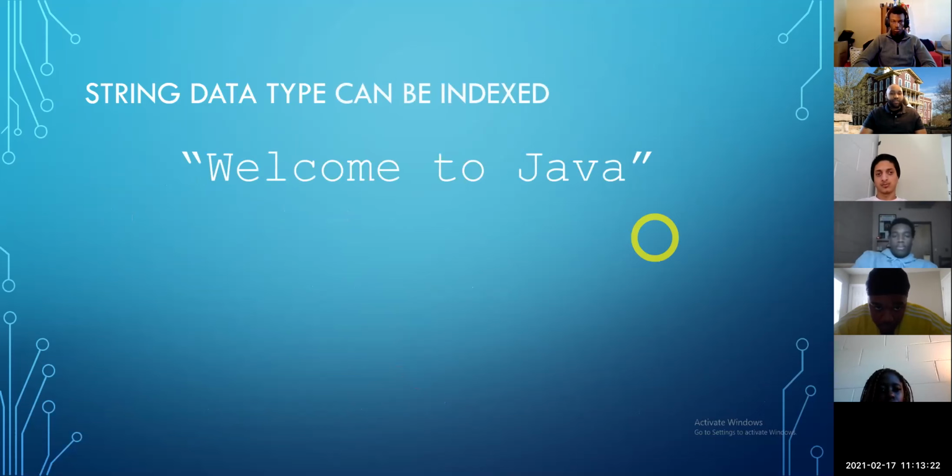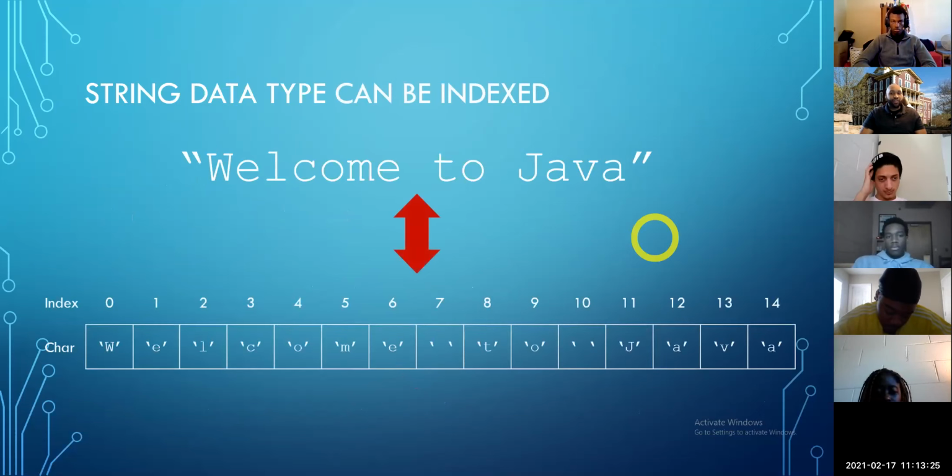As such, we can retrieve each one of those characters by its index. It starts at 0. Anytime in computing, we always start at 0. It starts at 0, which is W, and each one of these characters has a unique index, all the way to 14. So the overall length of this entire string is 15, but notice the indices go from 0 to that length minus 1, which is 14.